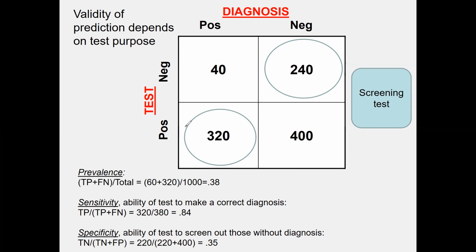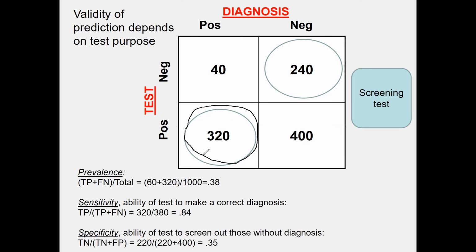These people in this quadrant, when they took the hearing test in their schools, the results said this person likely has a hearing problem. And when they were further diagnosed in a clinical setting, that result also said that they had a hearing problem.